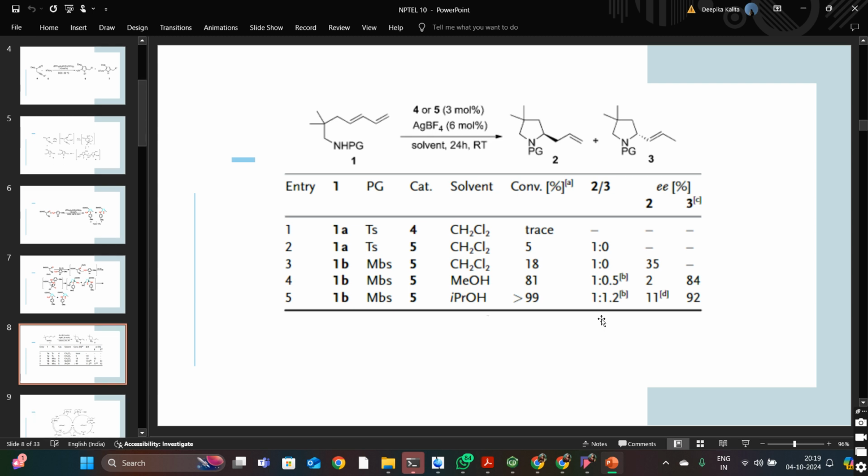Then we moved to this reaction where we came across another hydroamination reaction in presence of gold and silver catalyst, and the reaction was found to be solvent dependent. Okay, if the reaction is carried out in aprotic solvent, compound number 2 was the product, and in presence of protic solvent, compound number 3 was the product formed.